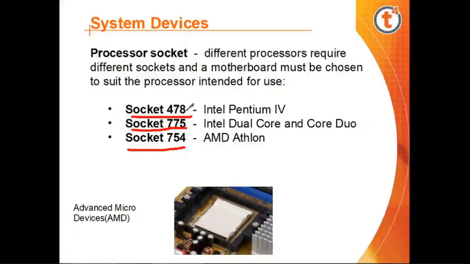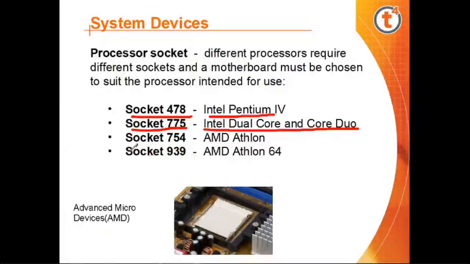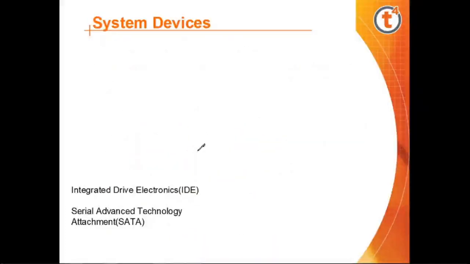Socket 478 is for Intel Pentium 4. This number indicates Intel dual core and Core Duo. There are many more, so you can study them. For this time, that's it. Next time, we will study more about the hardware parts. So thank you.